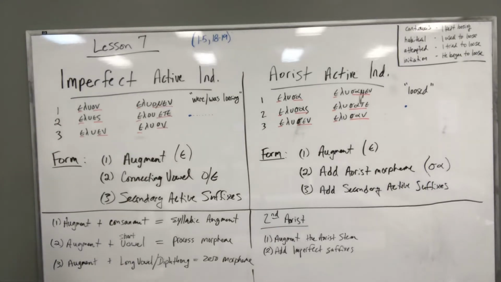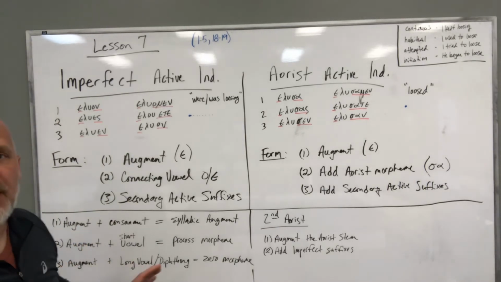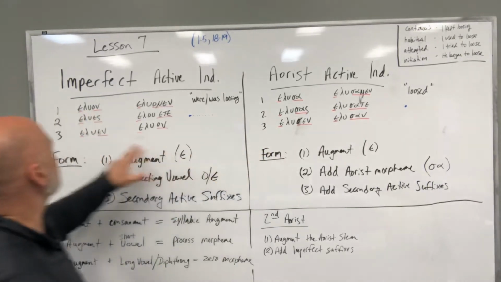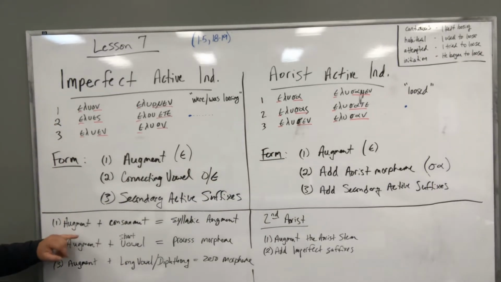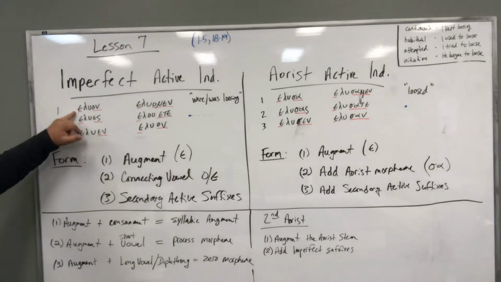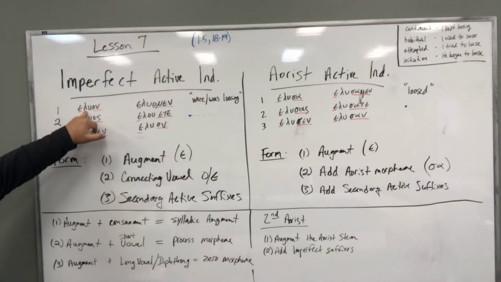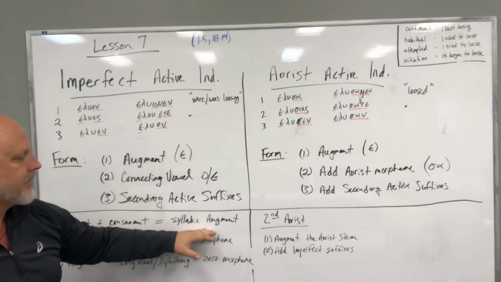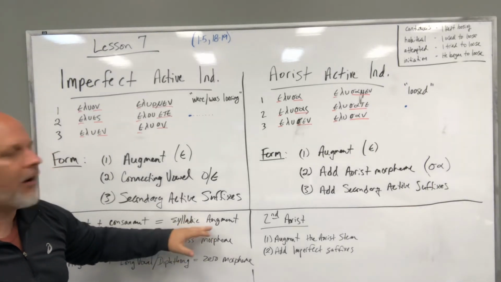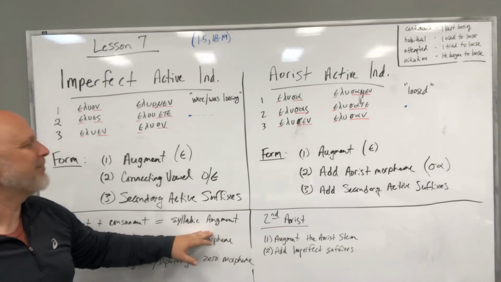Okay? Now, let me talk just a moment about the augment that we're adding here, because sometimes there can be some unique things taking place. First of all, when you add an augment to a word that begins with a consonant, that's called a syllabic augment.